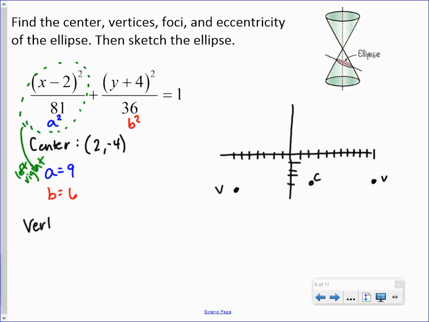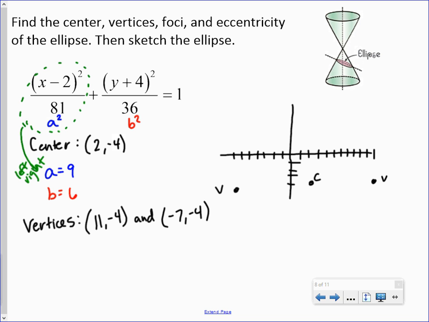So now I'm going to label those as ordered pairs. I was at 2, -4, and then I counted right 9, so now I'm at 11, -4. And then I was at 2, -4, and I counted left 9, so now I'm at -7, -4.